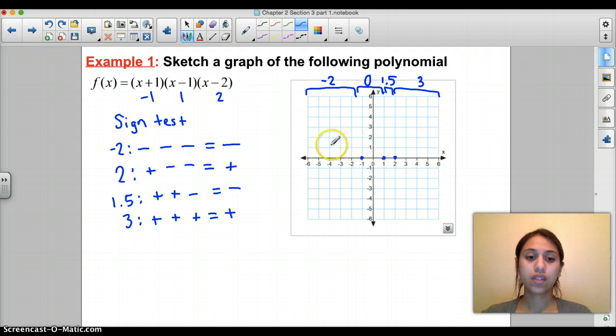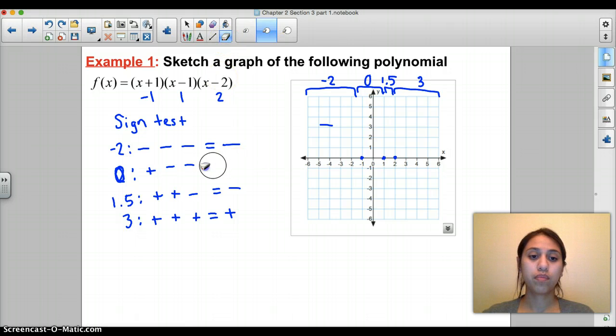Now what this tells us here is, let's see, for the section where we tested negative 2 was a negative. Where we tested the 2 was, oh, I made a mistake here. So actually this was supposed to be 0. So let's check that. May have made a mistake there.